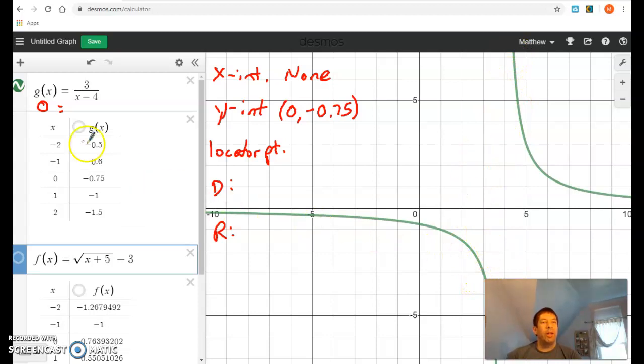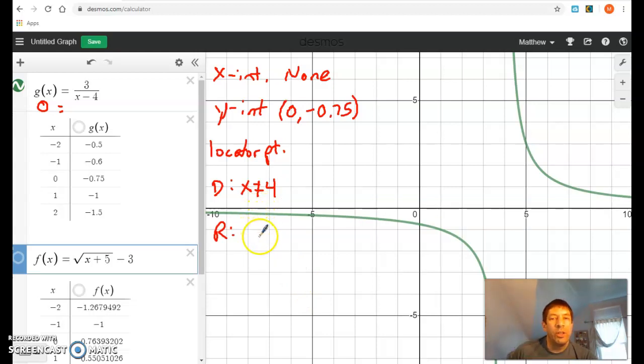And if we think about x values, there's one number that you can't divide by. You can't divide by 0. So if x is 4, then we'd be dividing by 0 because we'd have 4 minus 4 in our denominator, which means 4 doesn't work. Any other x value will work, but 4 does not work. So you could say your domain is all real numbers except 4, or another way to write that would just be x not equal to 4.